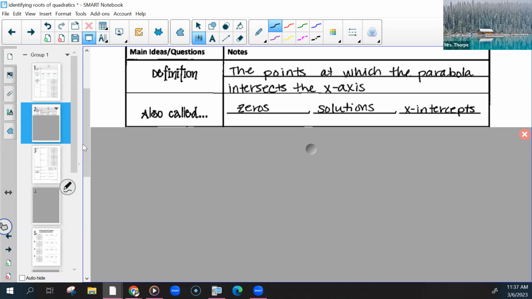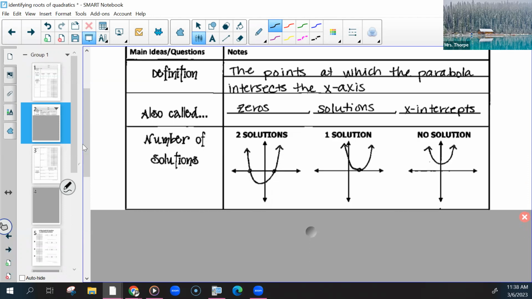We've talked about that before. Once you have the definition written down, go ahead and draw these as well. Doesn't have to be perfect.